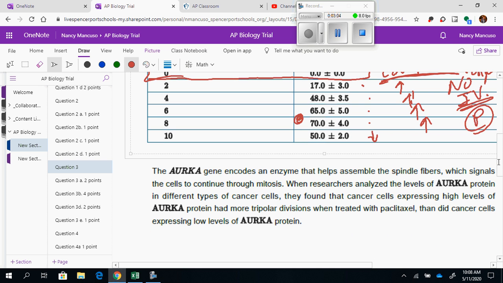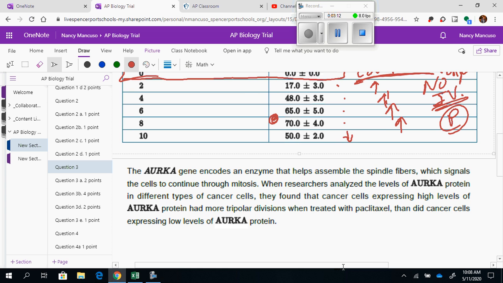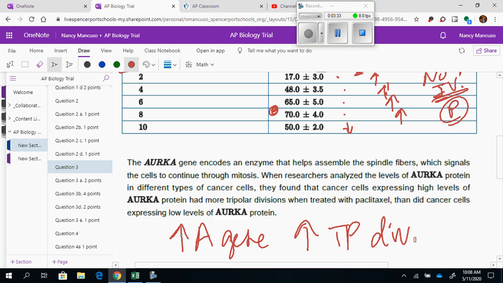The AURKA gene encodes for an enzyme that helps assemble the spindle fibers, which signals the cells to continue through mitosis. When researchers analyzed the level of this protein in different types of cancer cells, they found that cancer cells expressing high levels of this had more tripolar divisions. So increasing the A gene increases tripolar divisions.